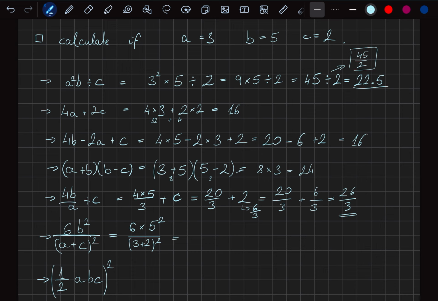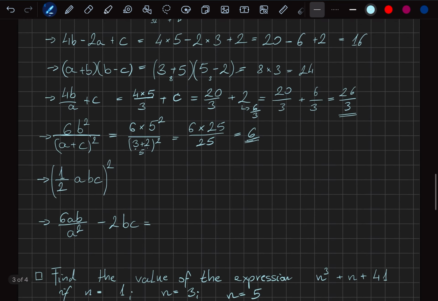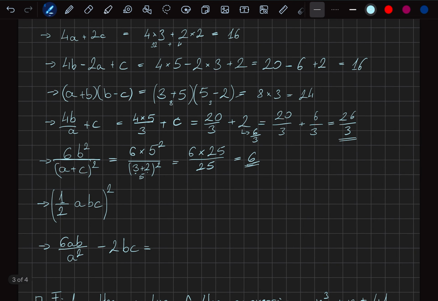It will be 6, because 6 times 25 divided by 3 plus 2, it's 5, on the second power, it's also 25. So first I multiply something by 25, after divide this something by 25. So basically I do nothing. I multiply by 1. So it's 6. Because if I multiply by a number, and after I divide by the same number, then the value will not change.